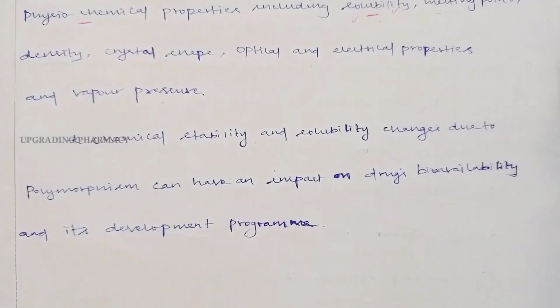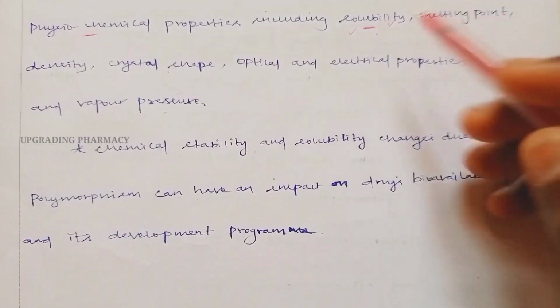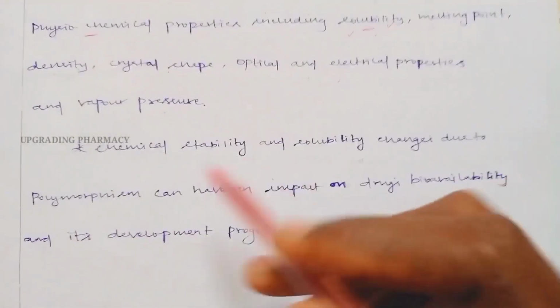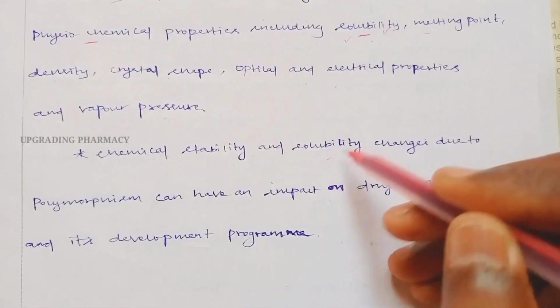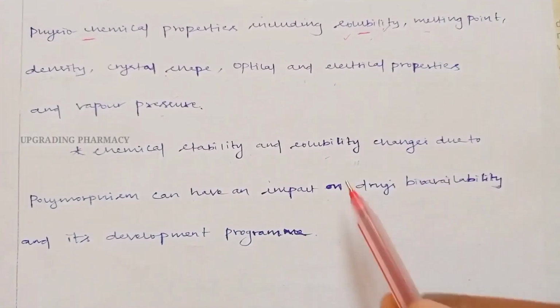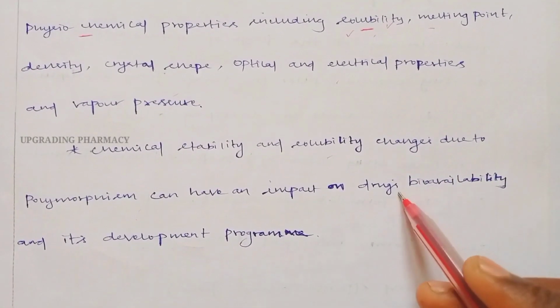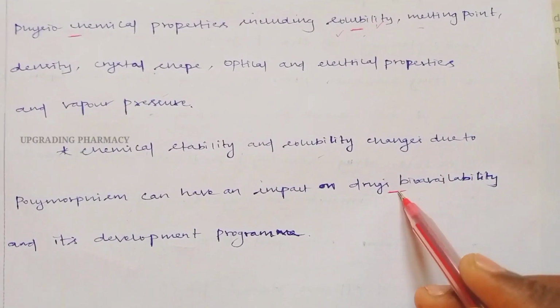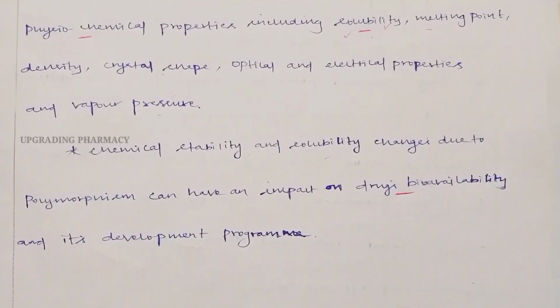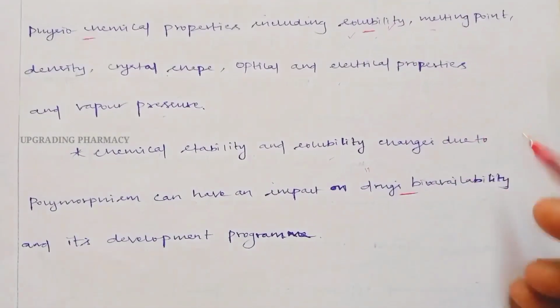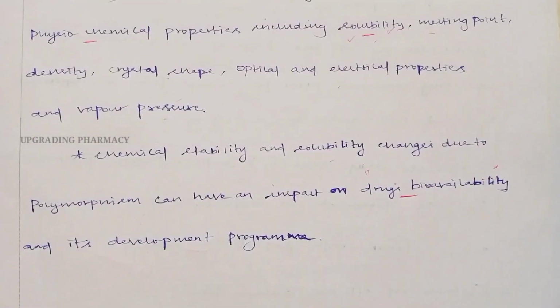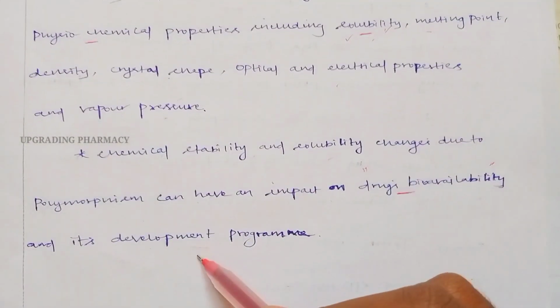These are the main consequences of polymorphism, and the chemical stability and solubility changes due to polymorphism can have an impact on drug availability.